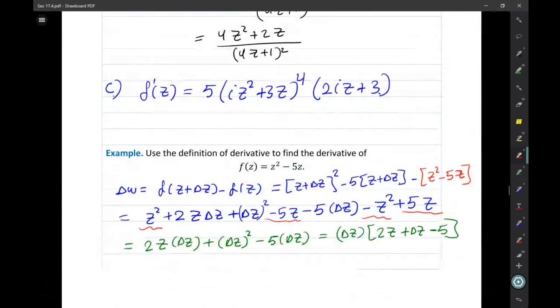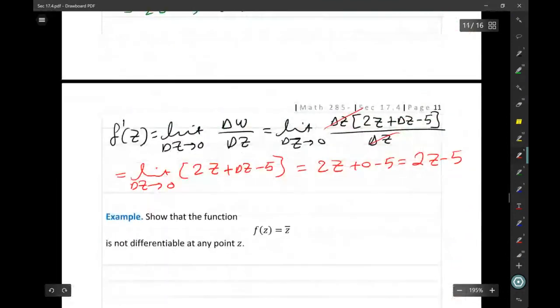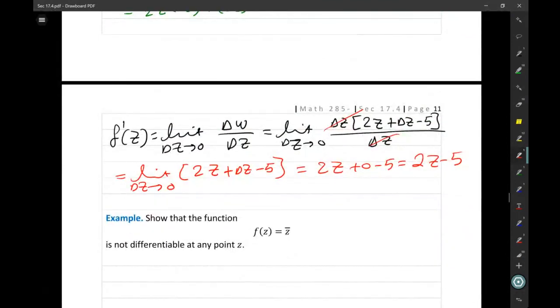Now if you go back to your function here and derive it using the rule without the definition, it is exactly the same value, 2z minus 5, and by the definition also 2z minus 5.